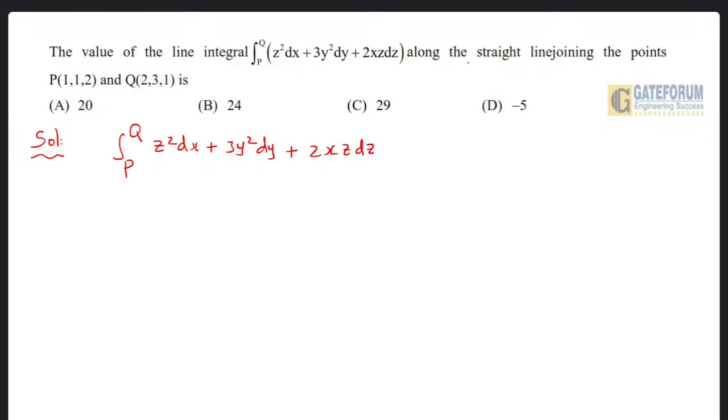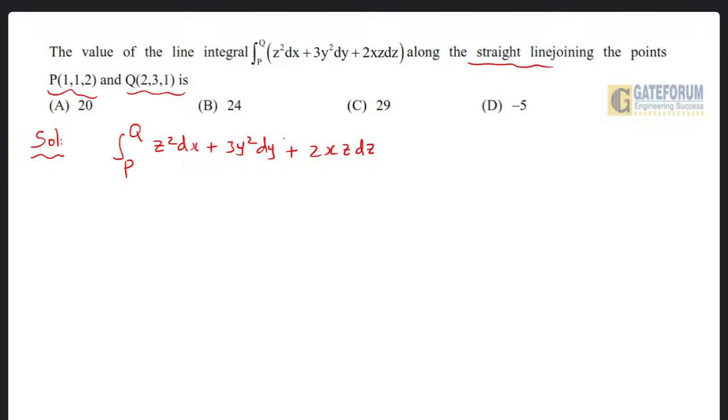Already the curve is given, a straight line joining these two points. For a straight line joining two points x1, y1, z1 and x2, y2, z2, you know that x minus x1 by x2 minus x1 is equal to y minus y1 by y2 minus y1 is equal to z minus z1 by z2 minus z1. Using that, you will get this expression in one-variable terms.